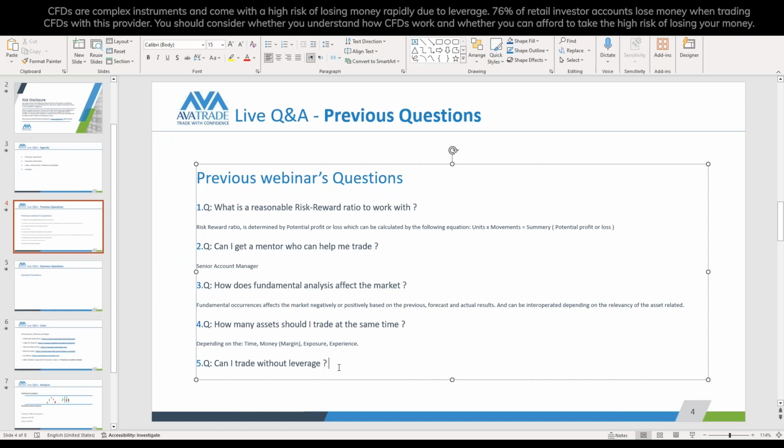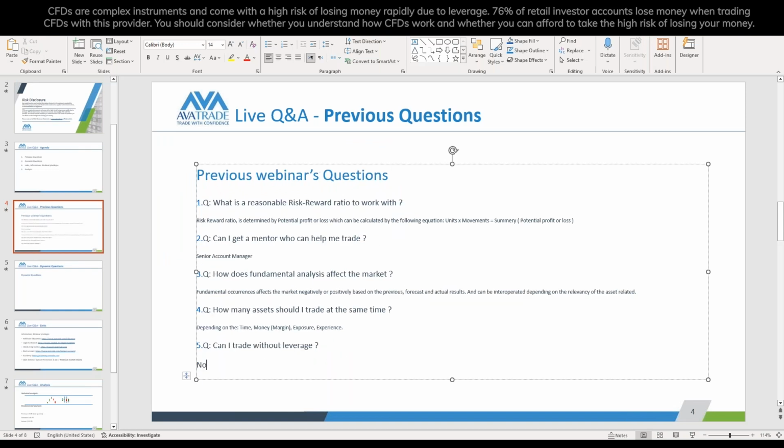Can I trade without leverage? No, but you can trade wisely without depending on leverage. Execute, and stay in the positions by the necessary margin without leverage.